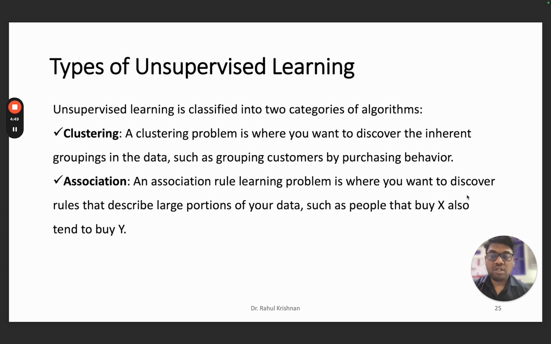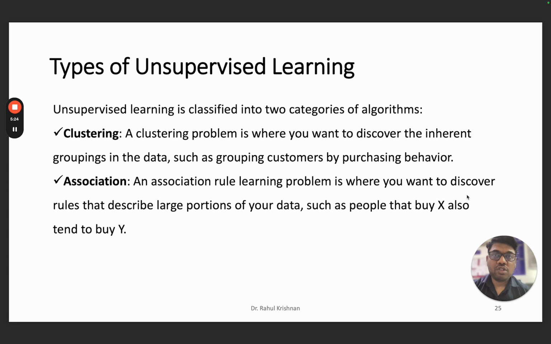Then what is association rule? It is a kind of problem where you want to discover rules that describe a large amount of data. For example, from the customer point of view, people who buy a product X also tend to buy a product Y. So one piece of data is related to another, and there is a relationship between one variable and another.